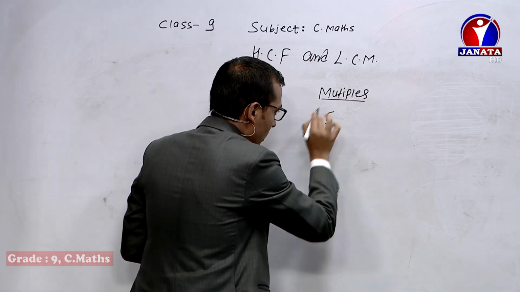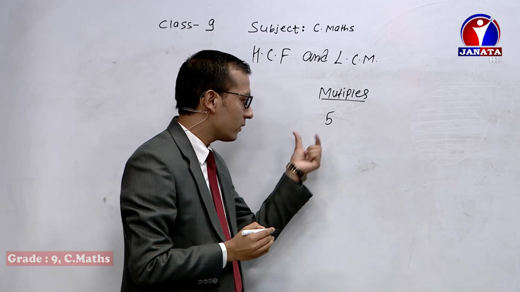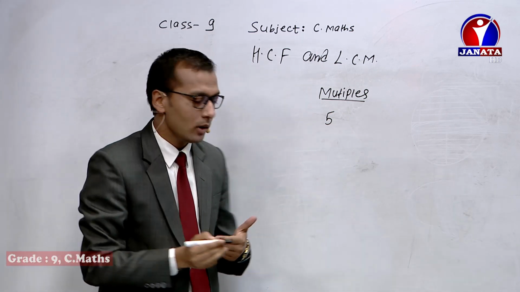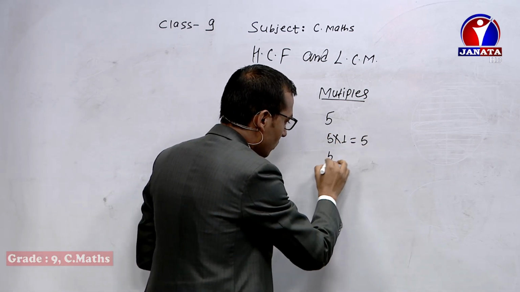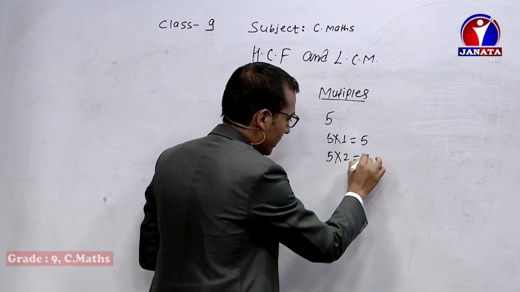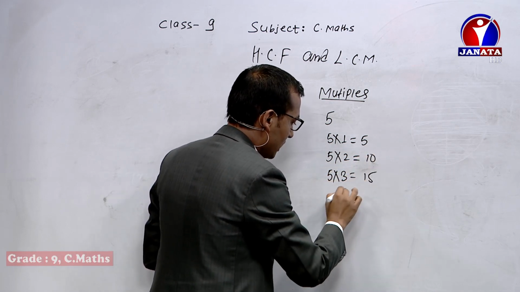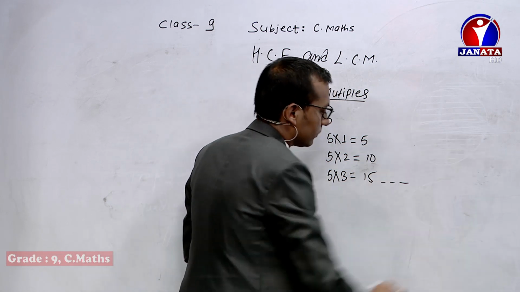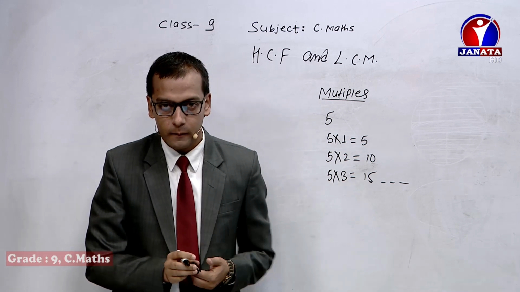Let me take an example, the natural number 5. What are the multiples of 5? We know its multiples are simply 5 times 1, 5, 5 times 2 is 10, 5 times 3 is 15, and so on. These are the multiples of the number 5.